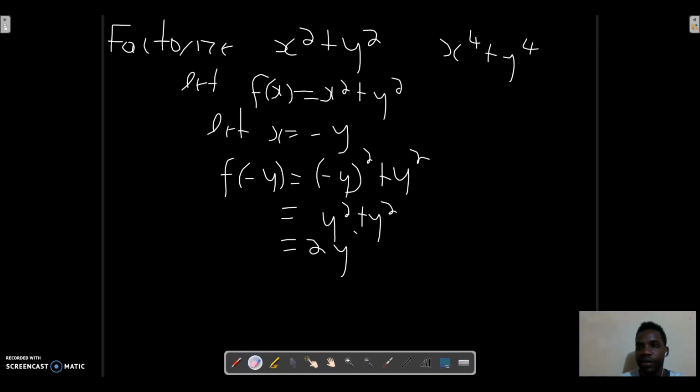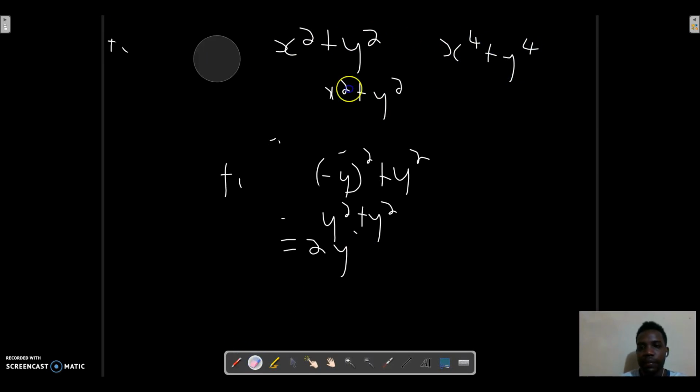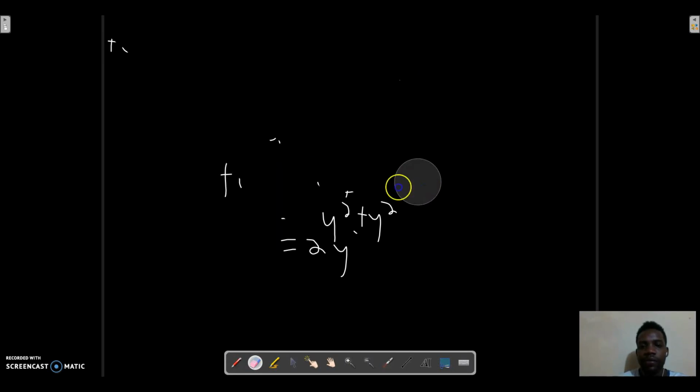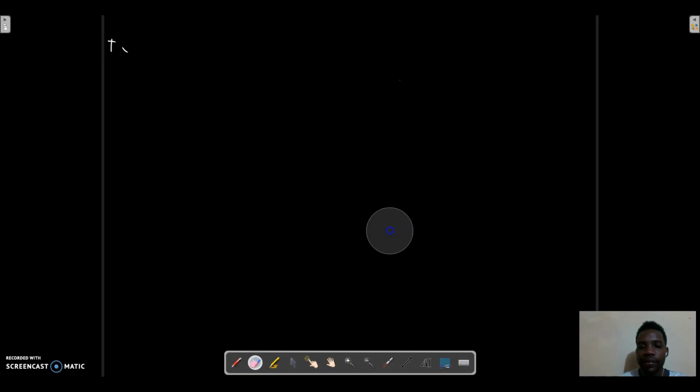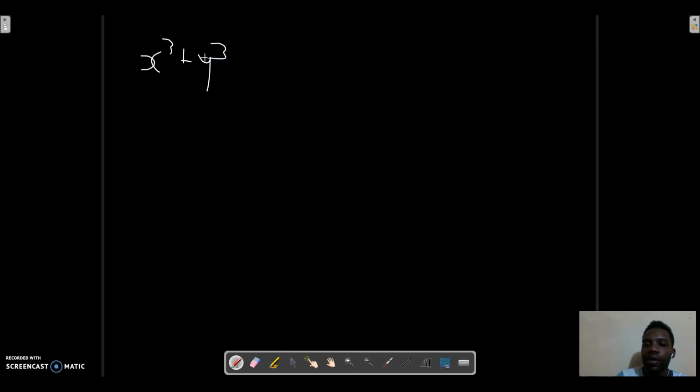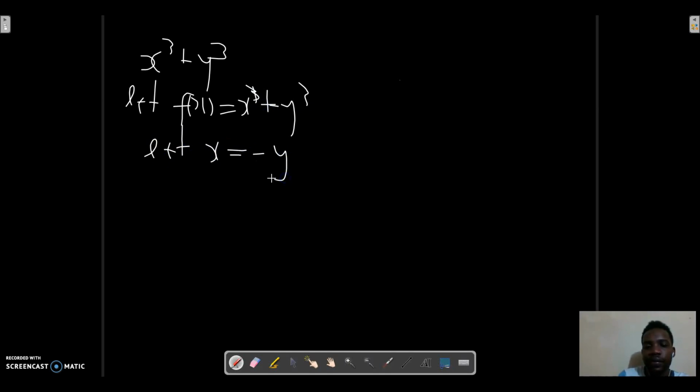However, let me just take this out here. Let us say that the power was odd. So let us say we wanted to factorize x cubed plus y cubed. Now, let f of x equal x cubed plus y cubed, and we let x equal negative y.